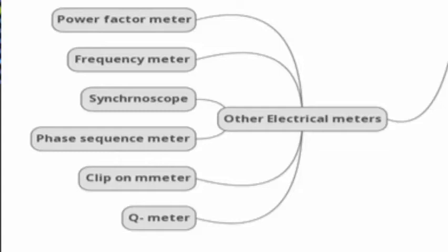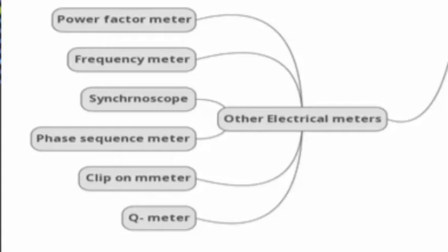But apart from that, you will also learn other electrical meters in your 5th unit: power factor meter, frequency meter, synchronoscope, phase sequence meter, clip-on ammeter, and Q meter. All these are different instruments used to measure different electrical parameters. You will learn the construction, basic principle and working of these instruments. So this is under unit 5.